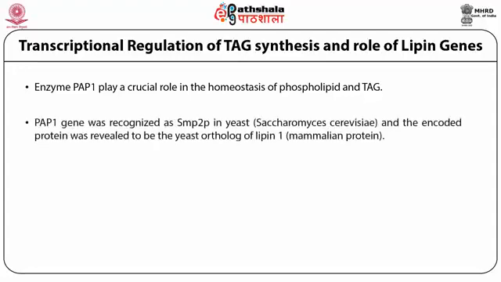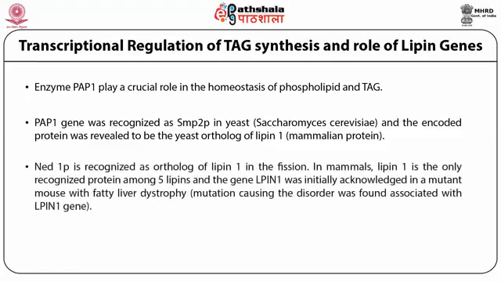The PAP1 gene was recognized as SMP2 in yeast Saccharomyces cerevisiae, and the encoded protein was revealed to be the yeast ortholog of lipin 1 mammalian protein. Nem1p is recognized as ortholog of lipin 1 in the fission yeast.